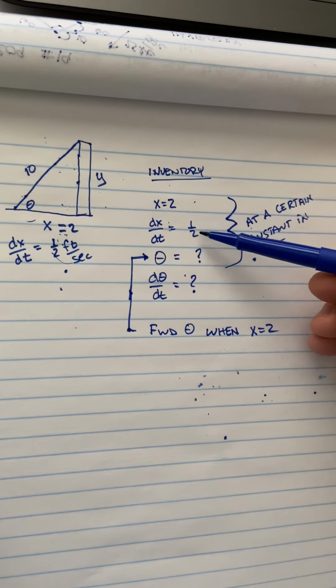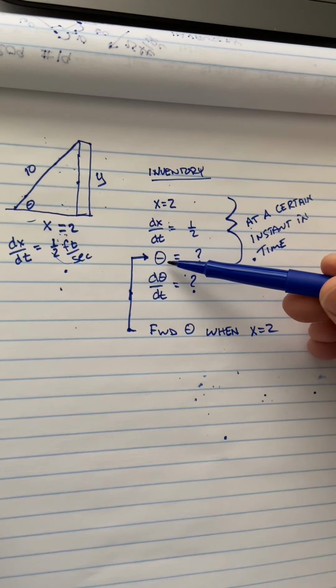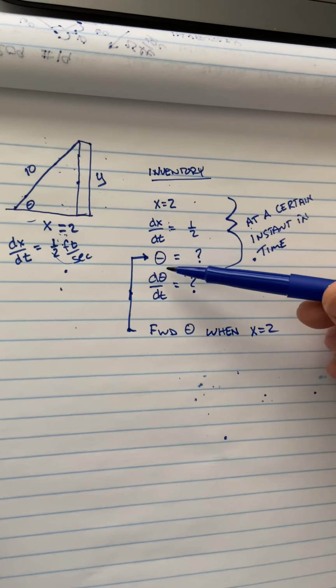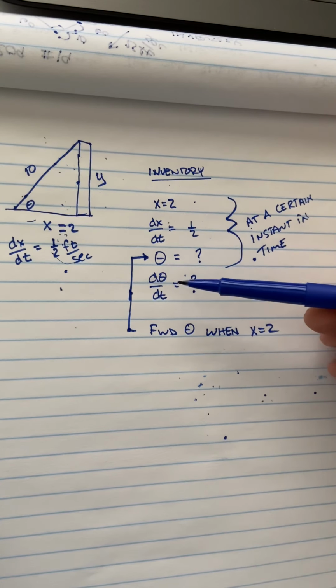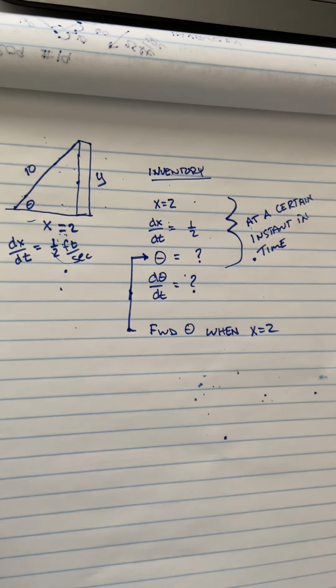Also at that instant, we know that x is changing at a rate of 1/2. We don't know what theta is at that instant, but that's what we're going to have to find first. And then ultimately we need to find d theta dt.